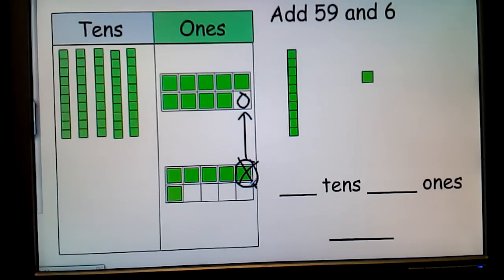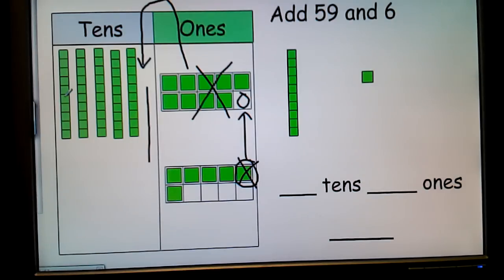I cross this out. Once I have a full 10 frame, I know I can turn these 10 ones into 1 ten. Then I can cross this piece out. There's no way I can fill up my 10 frames, so it looks like I'll start going and counting my 10s.